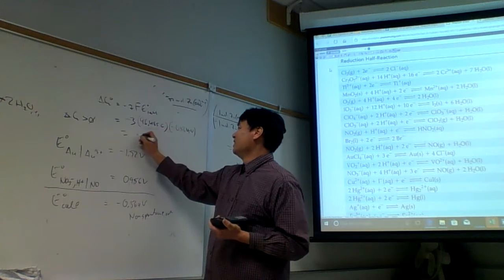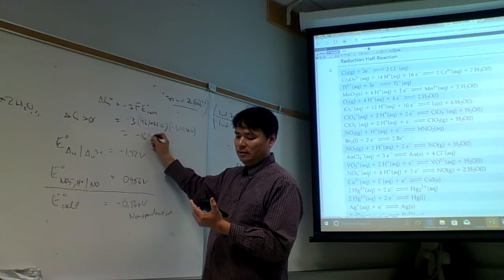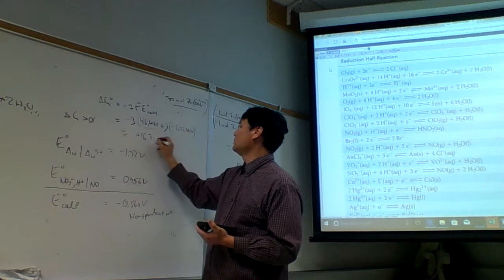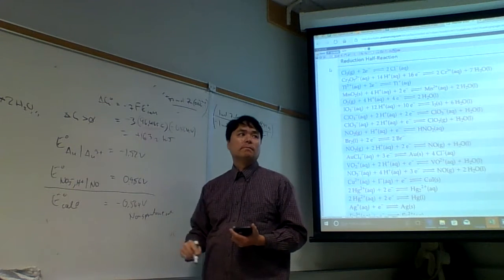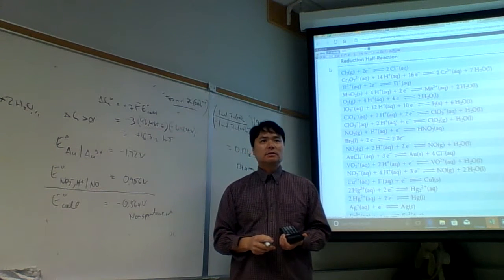Well, I'll do it in kilojoules. It gives us negative times positive 163.2 kilojoules, which means it's highly, highly non-spontaneous.